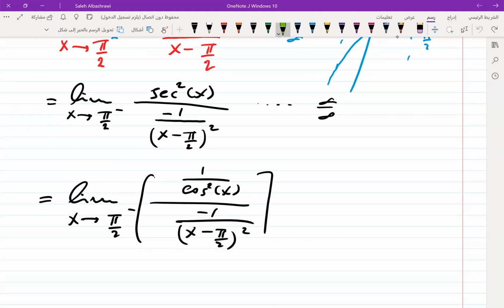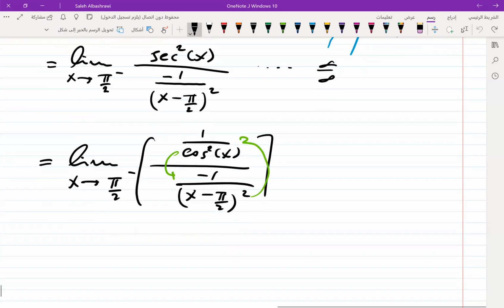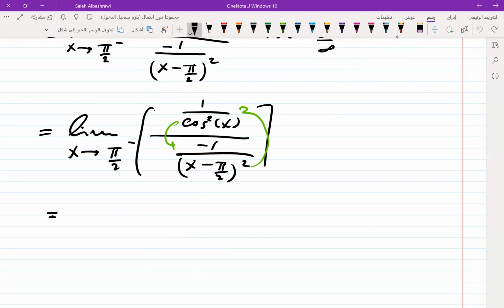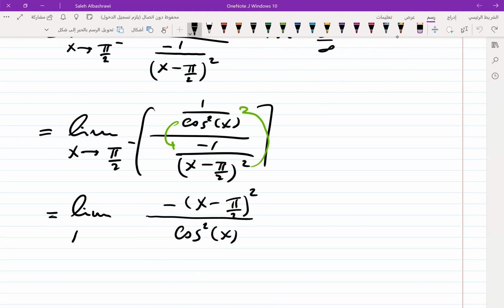We simplify it: this comes down and this goes up. This is equal to the limit of minus x minus pi over 2 square divided by cosine square x as x goes to pi over 2 minus. Now it is of the form 0 over 0, which means I need to apply the L'Hopital rule.